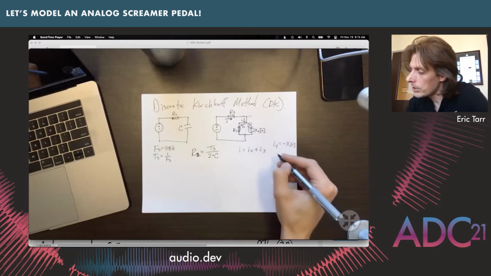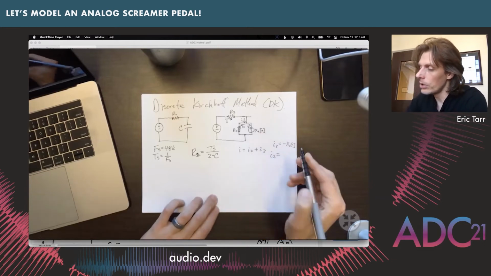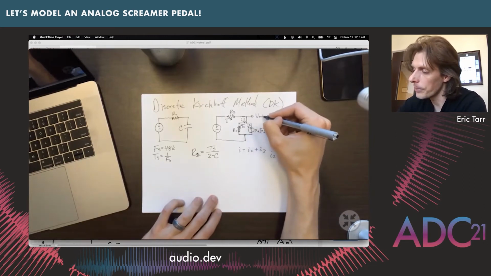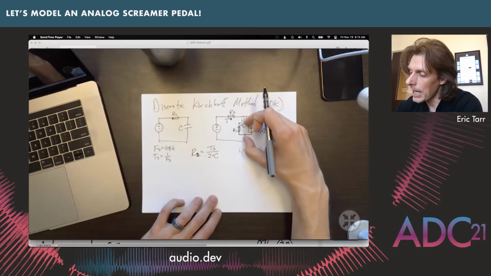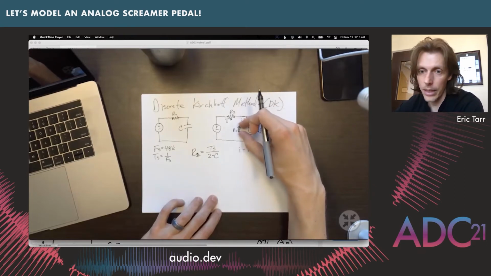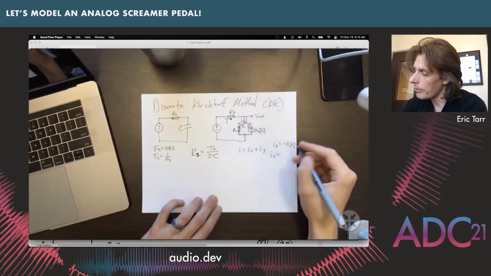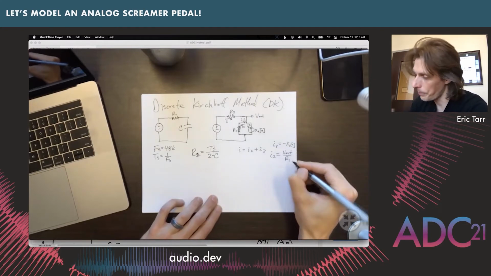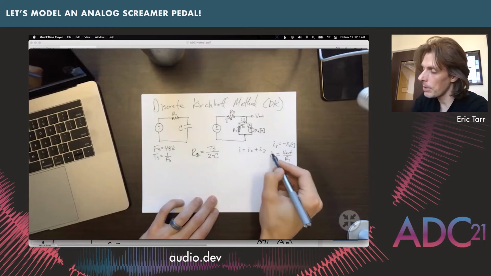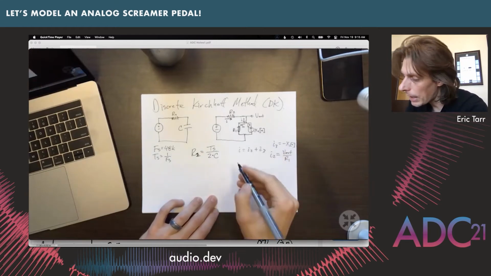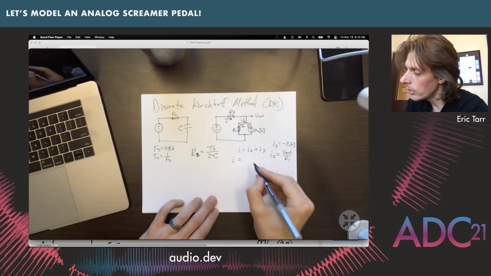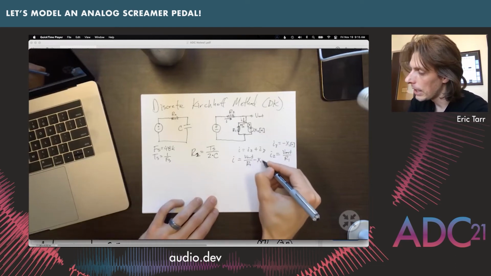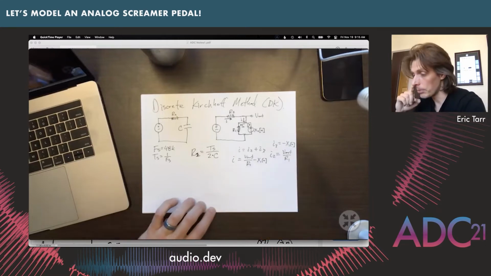So we can say I2 is equal to the voltage across here, which will take voltage at our output over here is the same as the voltage across that resistance right there. So we can have V out over R1. So now these two things can be plugged in, and we have this current is equal to V out over R1 minus X1 at that current time sample.